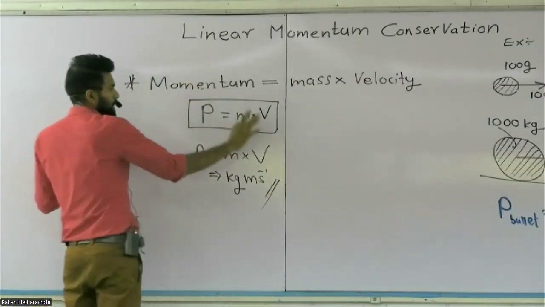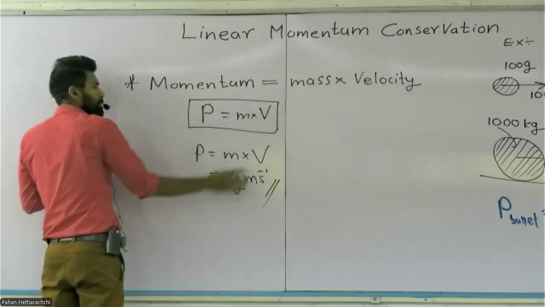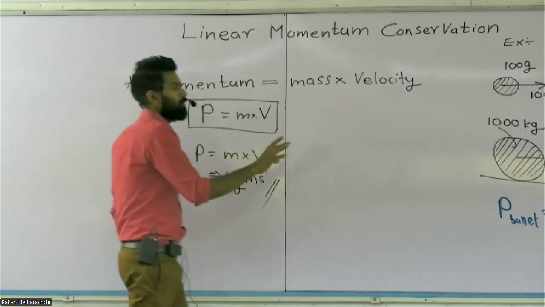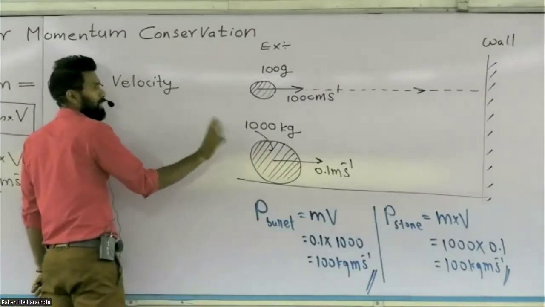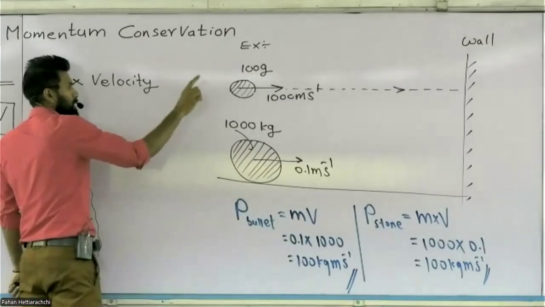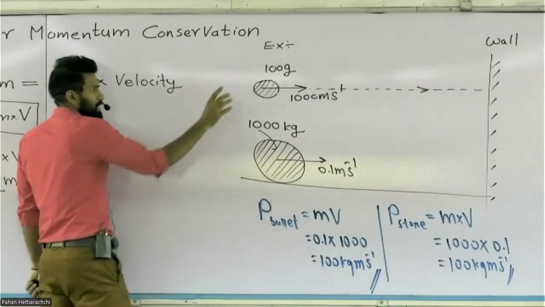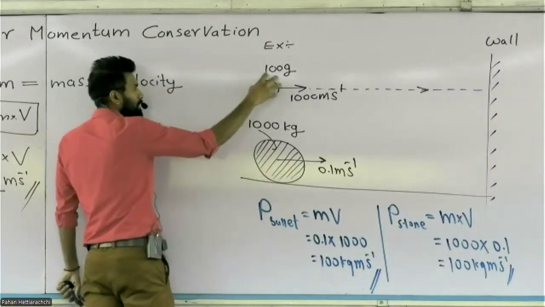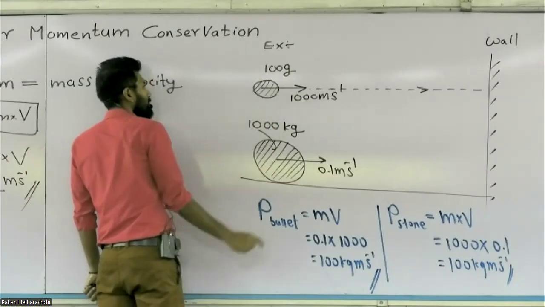Now, as an equation, we know momentum is equal to mv. But as a physical quantity, what does this momentum really stand for? That's the big thing. Now I have given you an example to show you what momentum really is. Here in this example, there's a 100-gram bullet fired towards a wall with a 1,000 meter per second velocity.